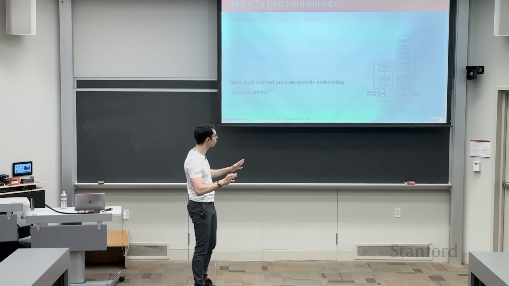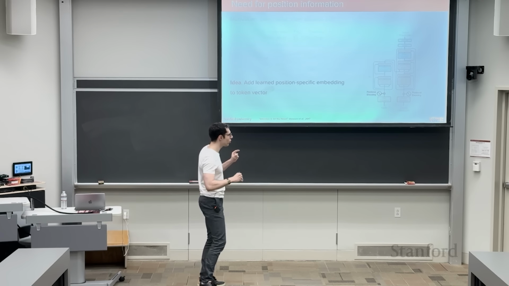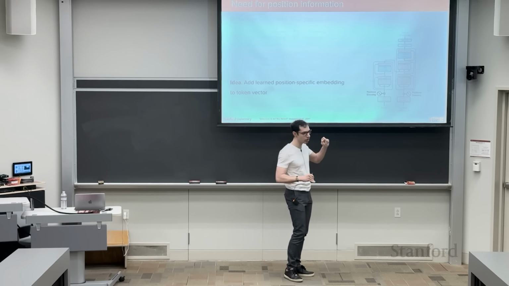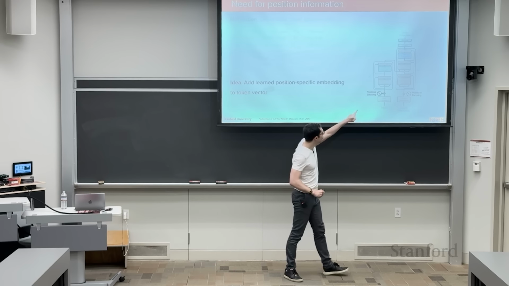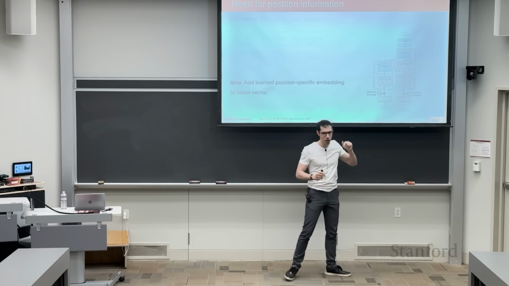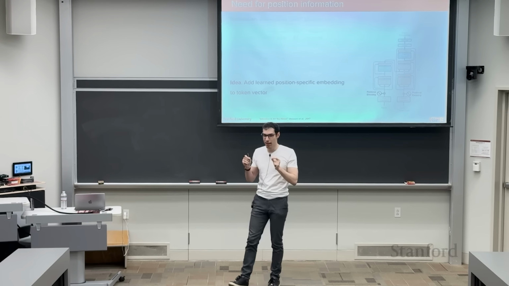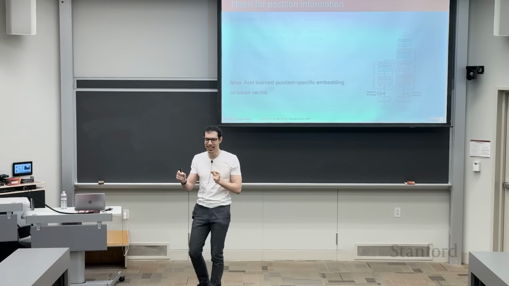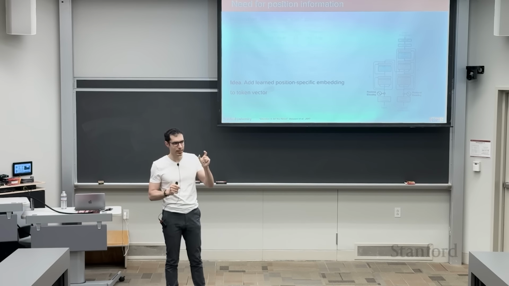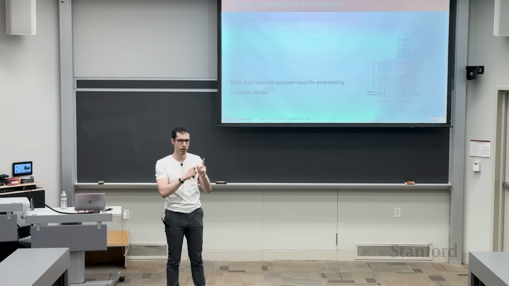So how are we going to do that? The original transformer paper authors chose to have a dedicated embedding. By dedicated, I mean that each position has one embedding. Position 1 has one embedding, position 2 has one embedding, et cetera.